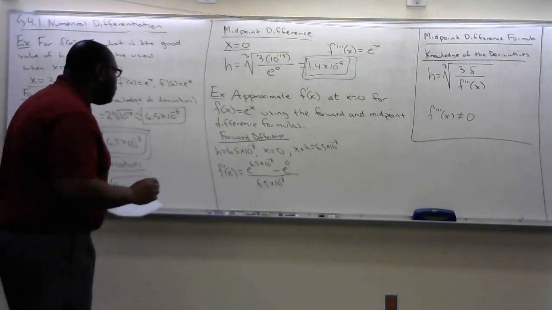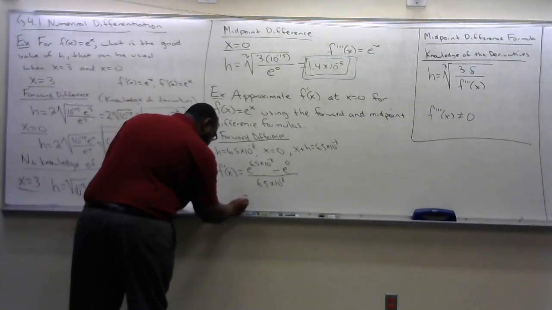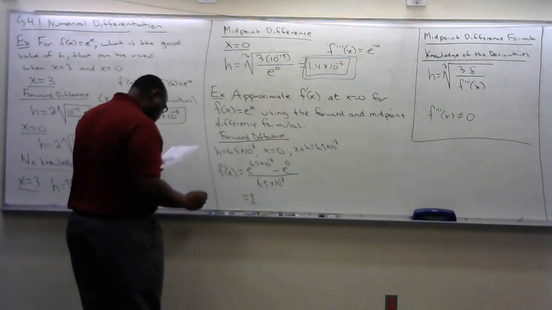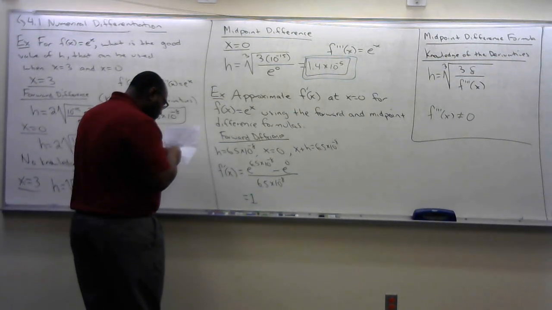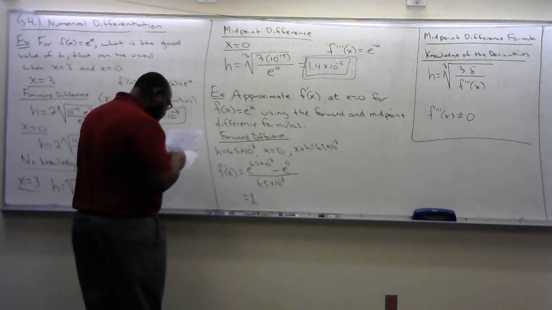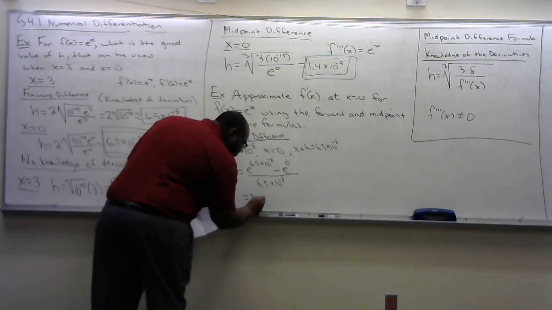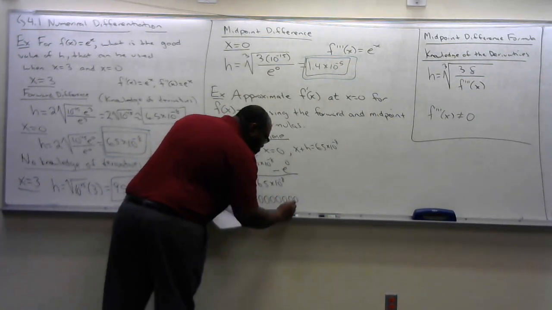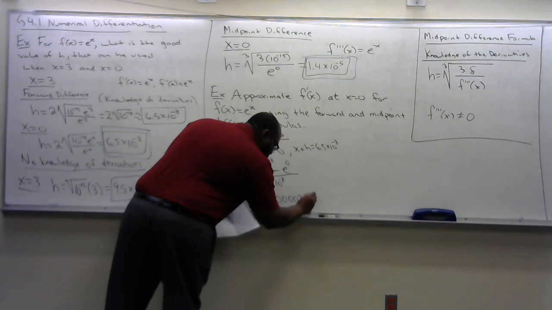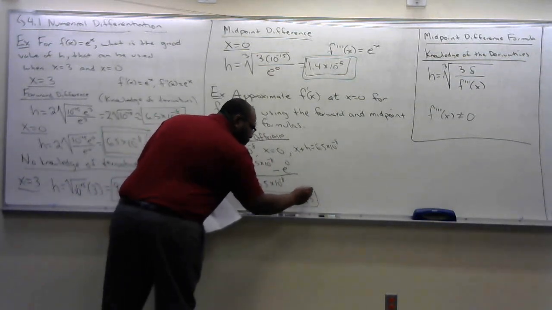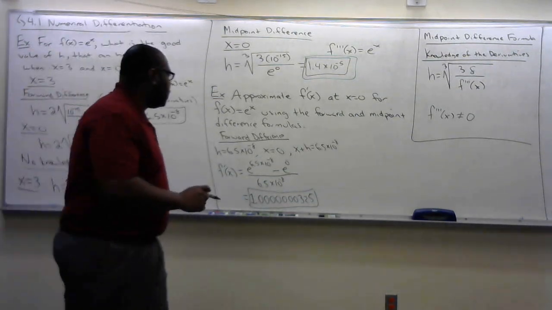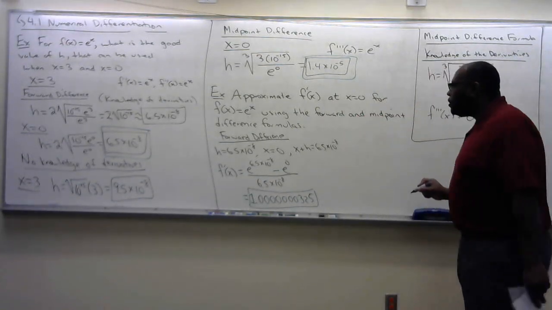And if I did this correctly, this is what I have: 1.0000000325. That's a pretty good approximation. And I just stuck that into my calculator.